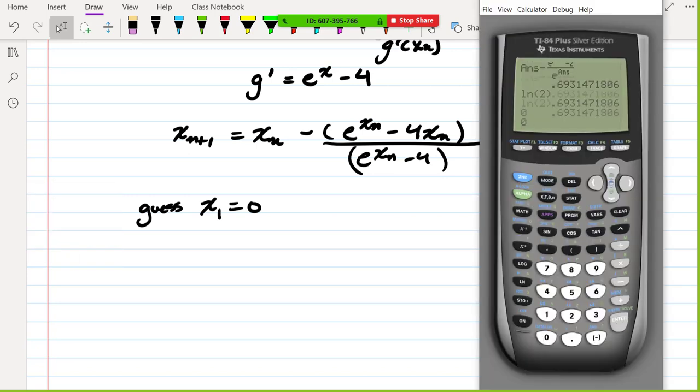So we try 0. So then we're going to have answer minus alpha y equals.